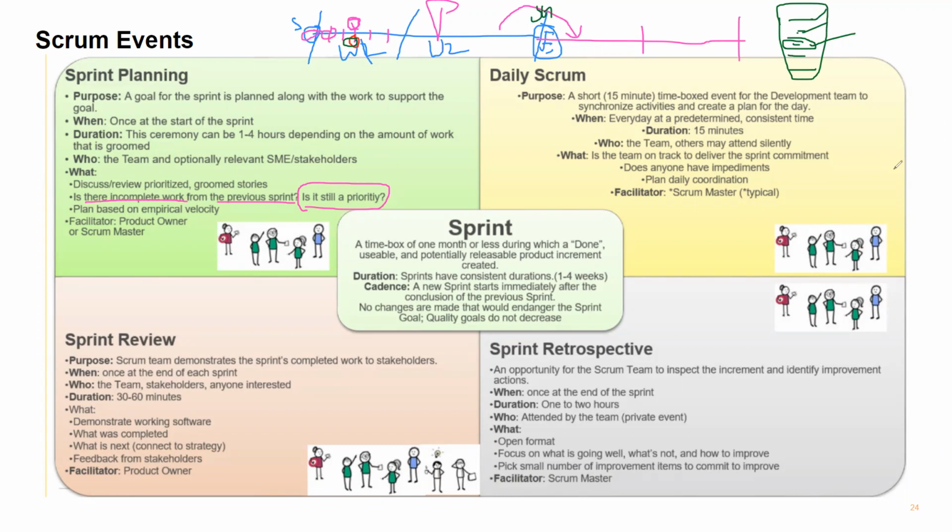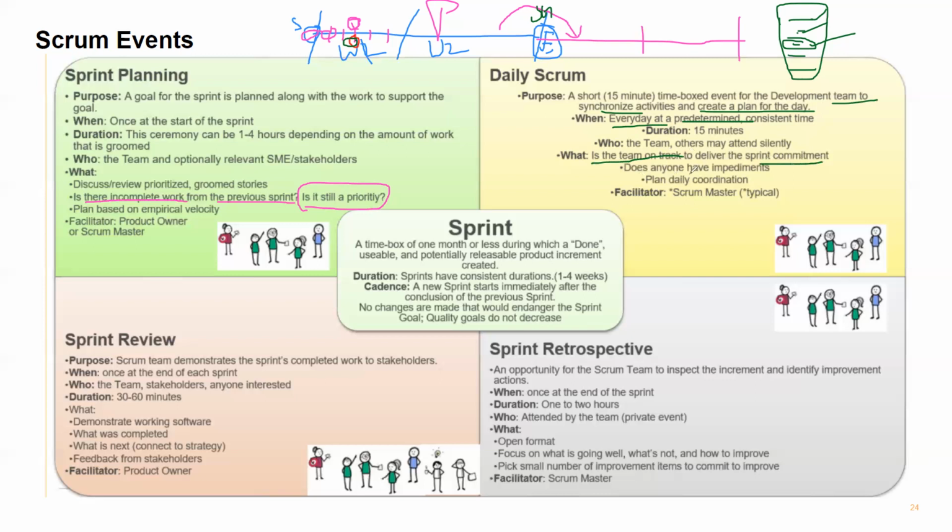The development team synchronizes activities and creates a plan for the day. Simple. Every day it will happen. It is more predictable, so the team is on track to deliver the sprint commitment.